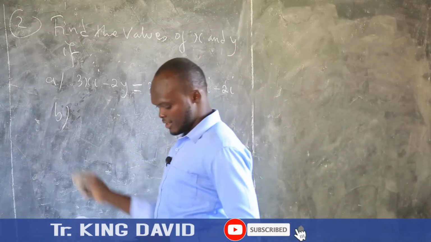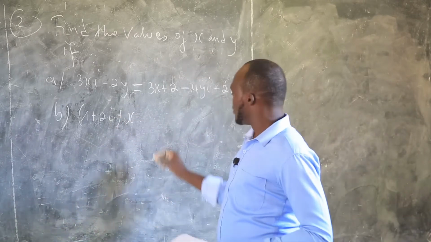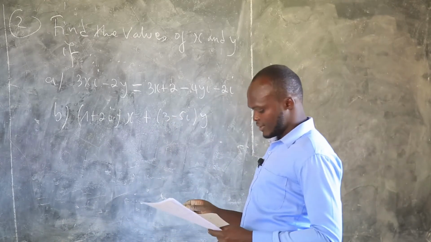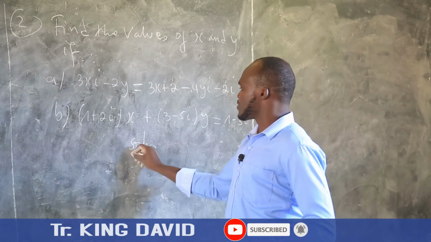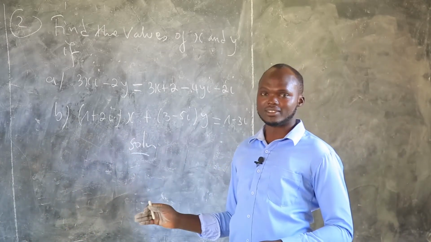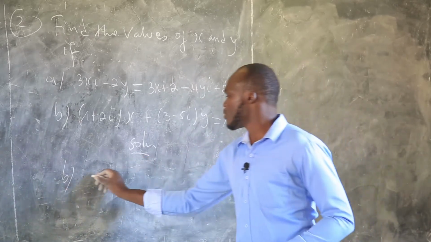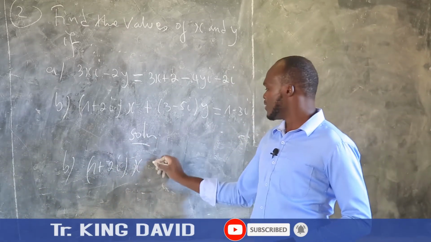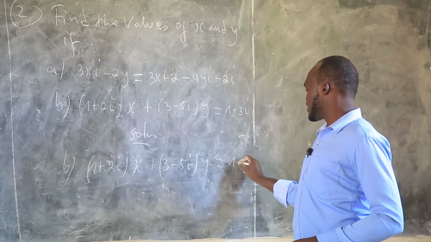Then B, we have 1 plus 2i in brackets x plus 3 minus 5i in brackets y equals 1 minus 3i. So I'm going to try B so that you can try A. A is very easy. As I'm trying B, we have 1 plus 2i times x, plus 3 minus 5i times y, equals 1 minus 3i.